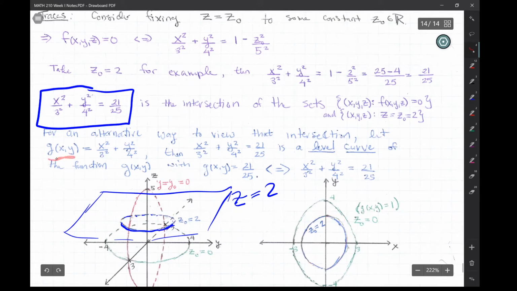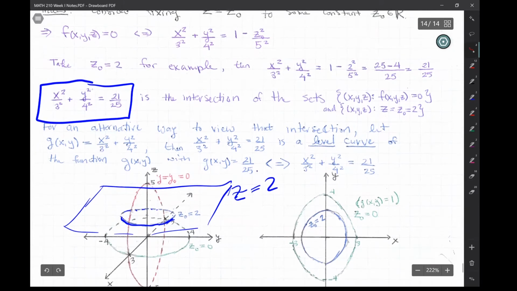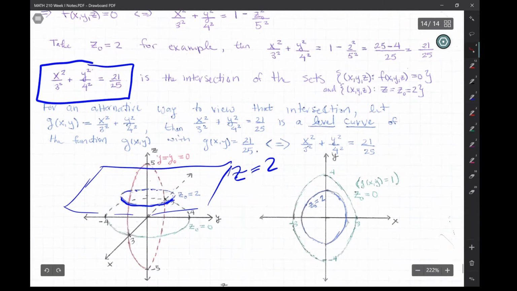What happens when you take a function of two variables and set it equal to a constant? You don't get a level surface, but you get a level curve. Why? Because imagine you fix x to something, then y is determined. So you only have one degree of freedom.